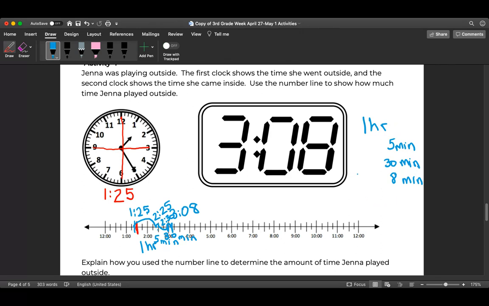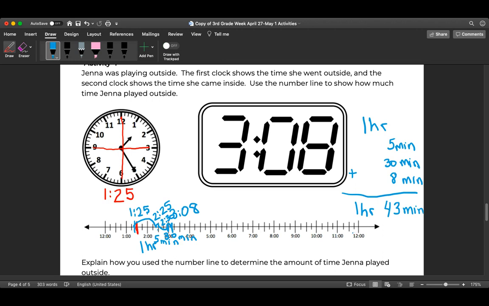So when I add all of these times together, I'm going to add my minutes over here. 30 plus 8 is 38, plus 5 more is 39, 40, 41, 42, 43 minutes. And I only have 1 hour over here. So 1 hour and 43 minutes is how long she was playing outside.